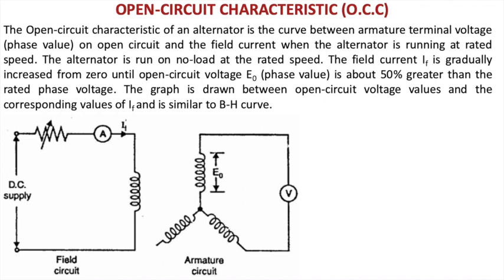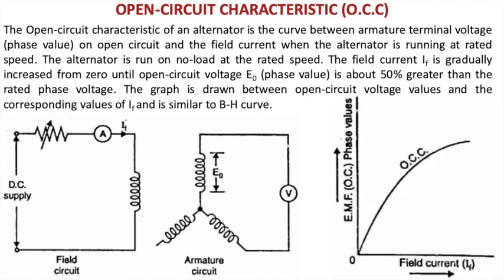Now the open circuit test. For the open circuit test characteristics, this is the circuit which has to be applied. That is, there is no load connected at the armature of the given circuit. We have just kept all the three terminals open, and a voltmeter is connected to measure the line voltage between two of the phases, and we vary the field by having a rheostat in series, and an ammeter is used to measure the field current.